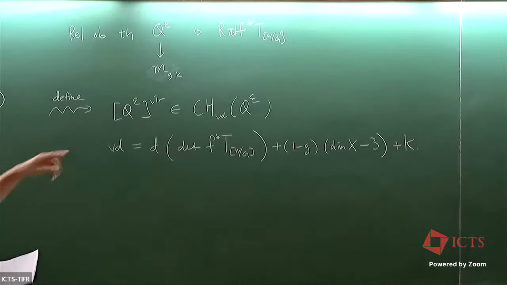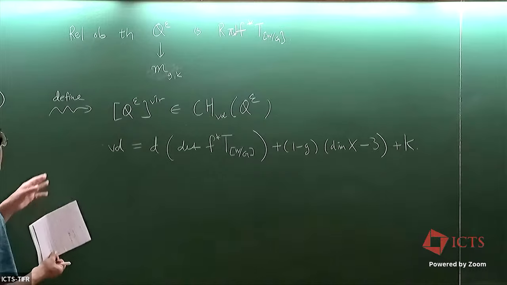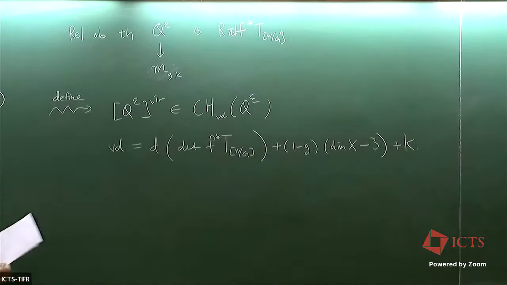So this is a Chow degree. In homology, we need to double it, so the homology degree is twice this. Then later we'll get an integration over this class.